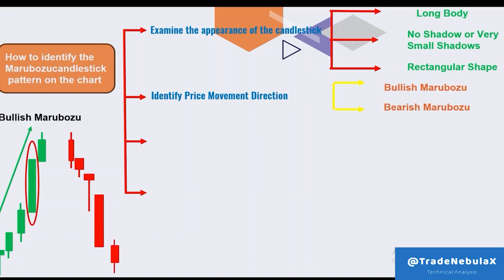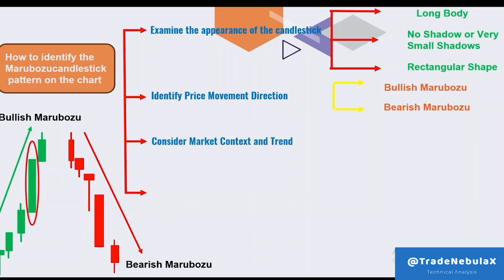A bearish Marubozu, in contrast to a bullish Marubozu, has a red or black body, and the closing price is at its lowest level. Such a candle indicates that sellers have control over the market, and the price has faced strong selling pressure.